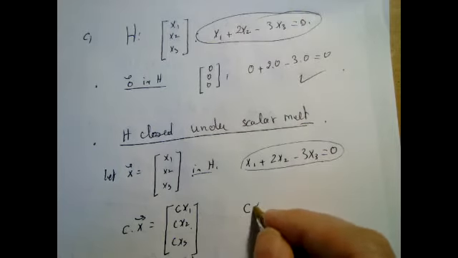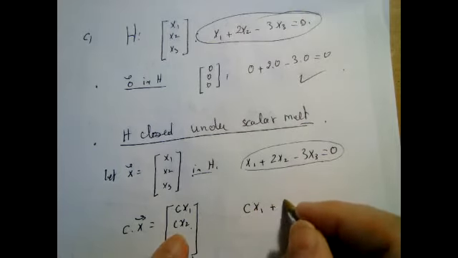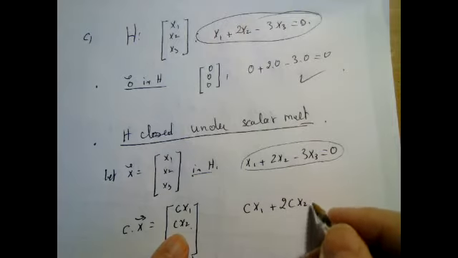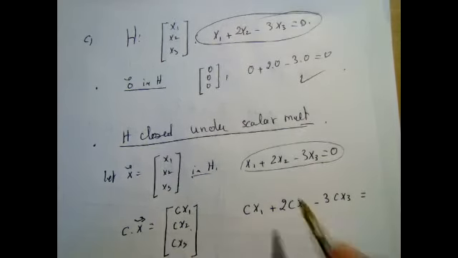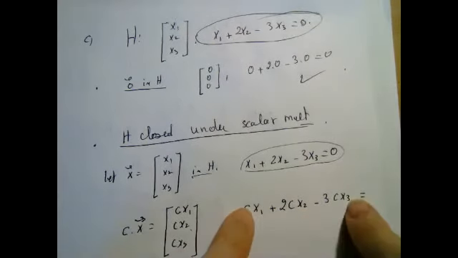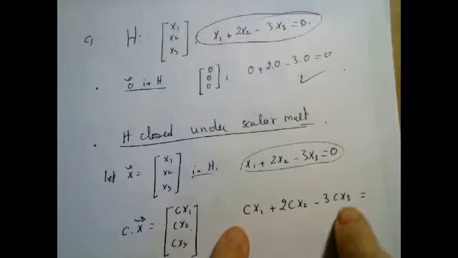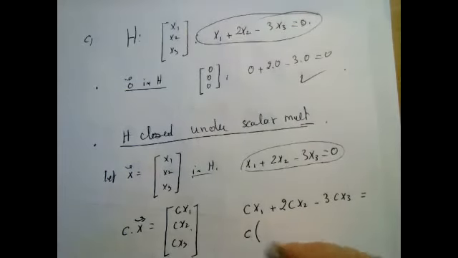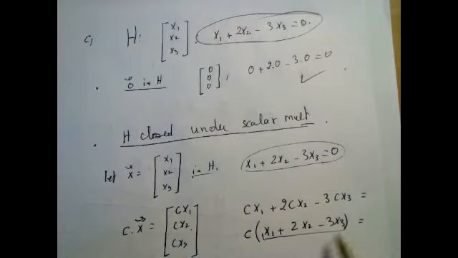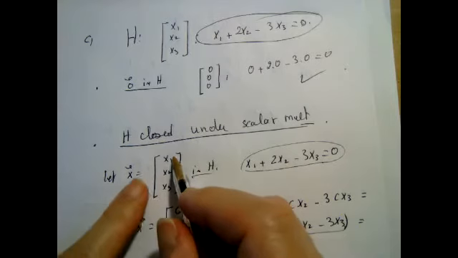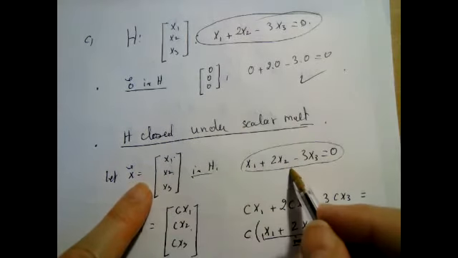So I look at them. I say, okay, if I take that and I take away this, I know that without the c's, I get 0. So if I factor out the c's, I know that this is in H. I know that this is 0 because the original one had this property.